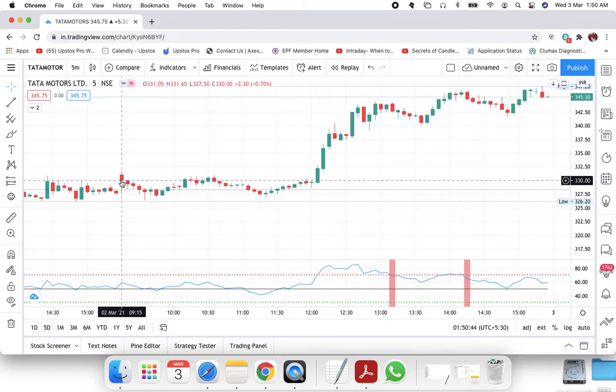Say for example, this candle's close is 330 and this candle's close is 329 and this candle's close is 329.05. If you see, all the closes are less than the previous candle's close. So it means the trend is a downtrend at that particular point of time.